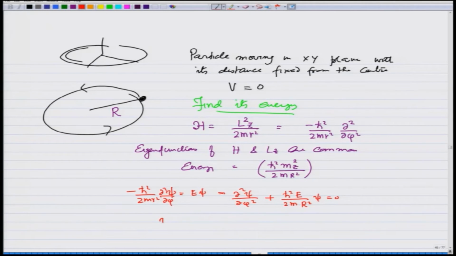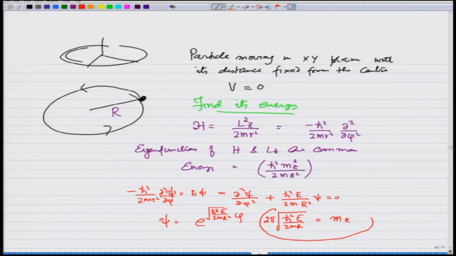So, immediately you get psi equals e raised to square root of h cross square E over 2 m r square times phi, and that square root should be equal to mz, because of the uniqueness of the wave function when phi goes to phi plus 2 pi, and therefore, you get your answer.